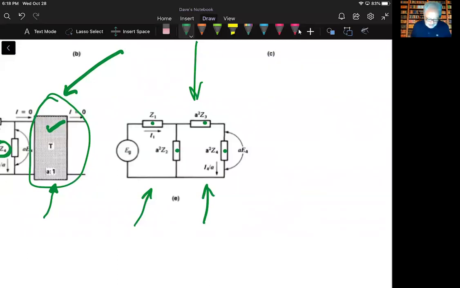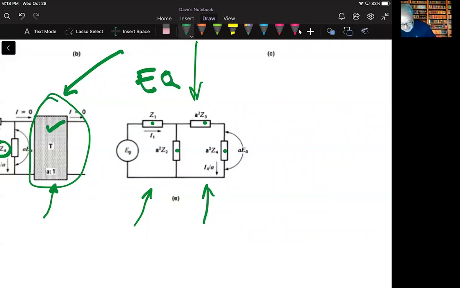The answer is yes. There's a useful relationship between the real circuit of 9.13A and the equivalent circuit of 9.13E. The reason is that the voltage across each element in the secondary side becomes A times E when the element is shifted to the primary side.